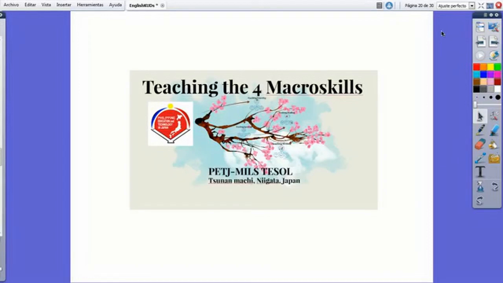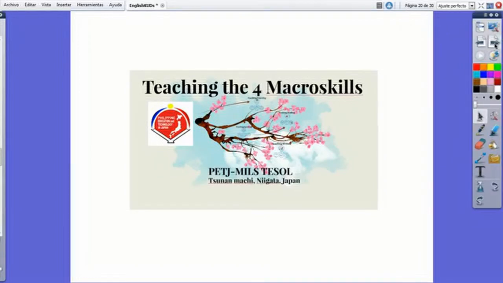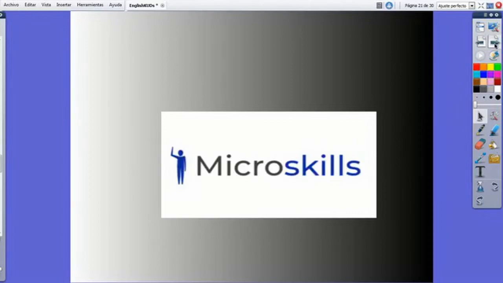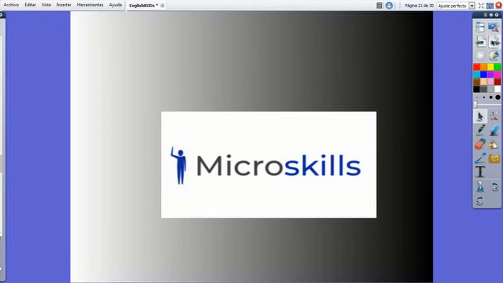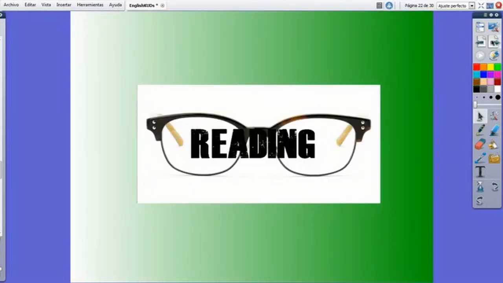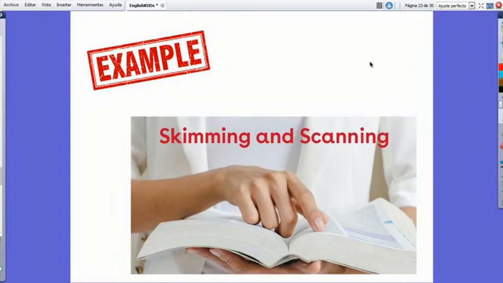But how do we teach these 4 macro skills? By having our students practice micro skills, as I'm sure you always do in class. Think about reading, for example. How do we go about teaching reading in class? By teaching, for example, skimming and scanning.